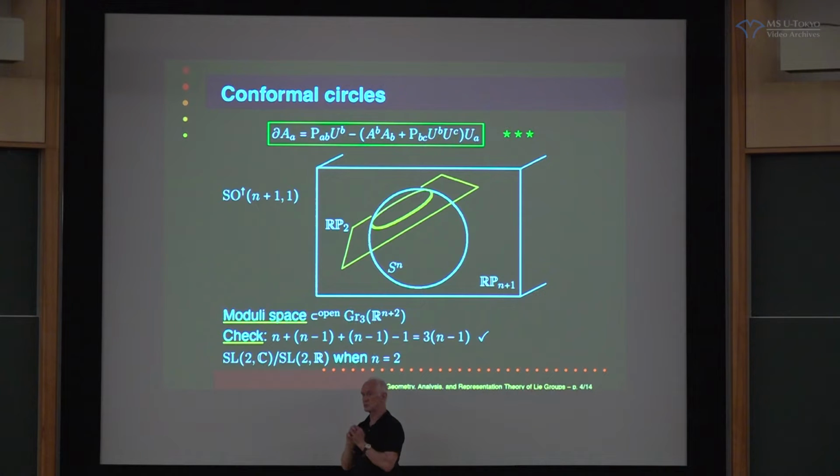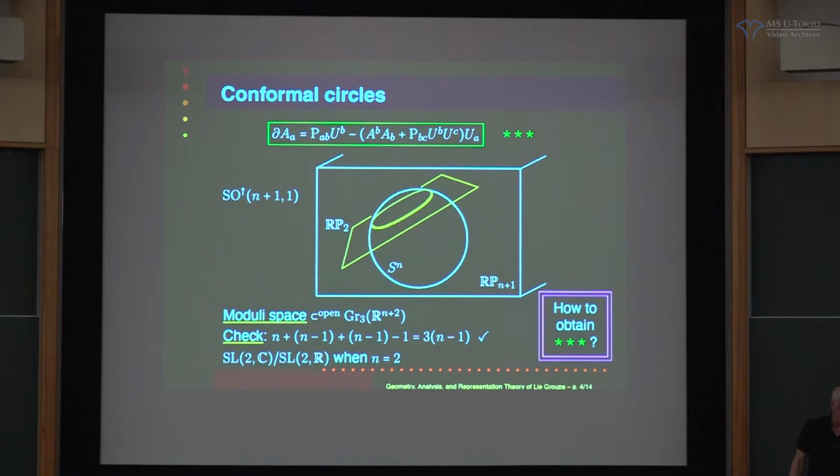SL2R preserves a great circle, divides the sphere into northern hemisphere, equator, and southern hemisphere, and all great circles look like that. So the moduli space of all possible equators is equal to this 6-dimensional Lie group modulo this 3-dimensional Lie group, which is 3, which is what happens when n equals 2. So that's another check that everything is working correctly.